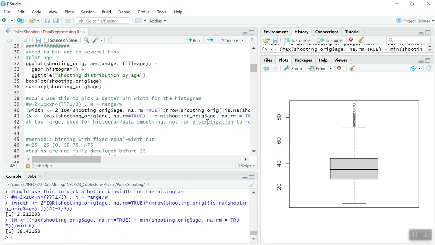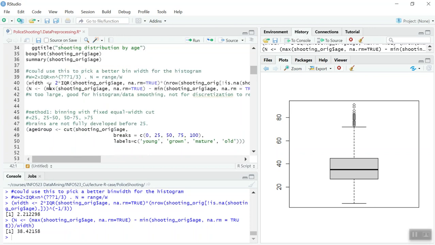But for discretization, our goal is to reduce the cardinality of the age. Having 38 different values is still too high for some of the algorithms. For example, decision tree, it will make decision tree really, really slow. So therefore, we give up on this idea.